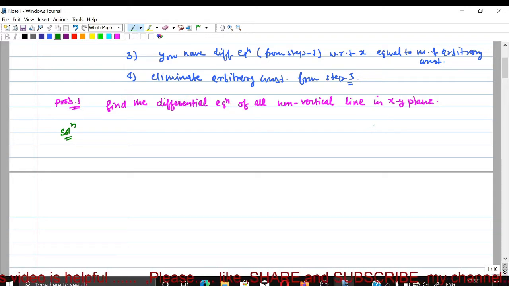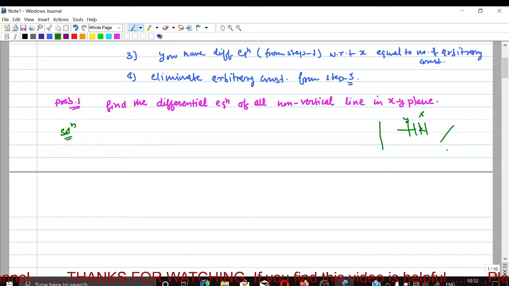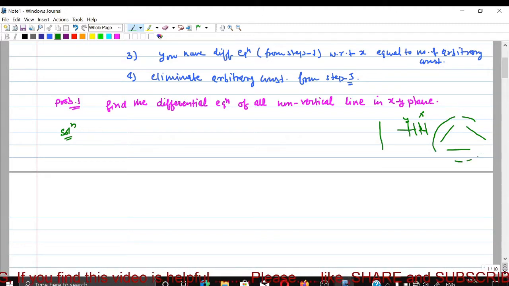Just first consider, what do you mean by non-vertical lines? It means if you have the xy plane, lines should not be parallel to the y-axis. It may be horizontal, it may be in this form. So you have to form the differential equation for such type of lines. You don't need to include the line which is parallel to the y-axis.